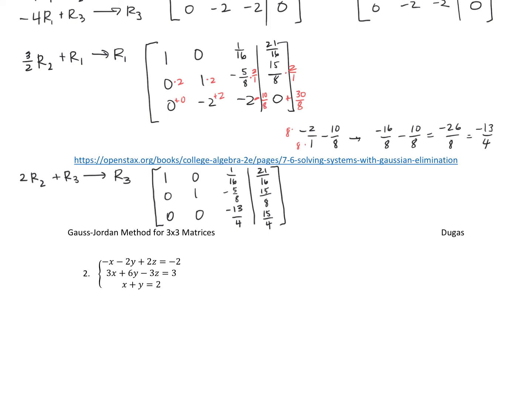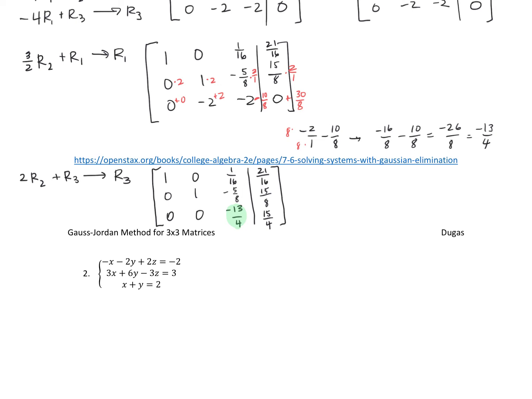Oh man, all right, we've got it going now. So we've got the first row done, the first column done, the second column done, and now we need to finish by doing the third column. So we want the number in position A33 to be a 0. So in this case, that is -13/4.